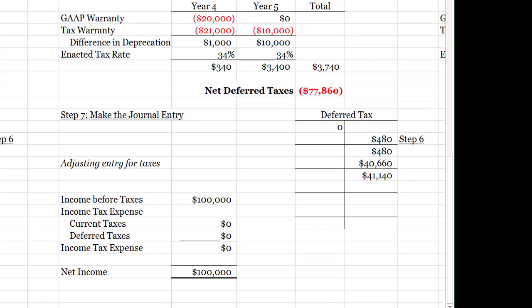Let's see. We want to end with a credit of $77,860. So I'm going to put that down in my T account. Step 6, I'm going to calculate my adjusting entry. And this time I need a credit of $36,000. So I'm going to go ahead and put that in here.